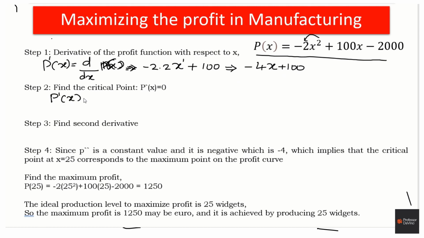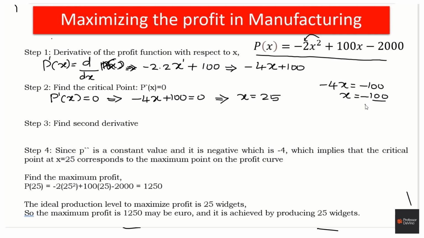p dash of x equals 0, meaning minus 4x plus 100 equals 0, which implies that x equals 25. So minus 4x equals minus 100, bringing 100 to the other side, and x equals 100 divided by 4.